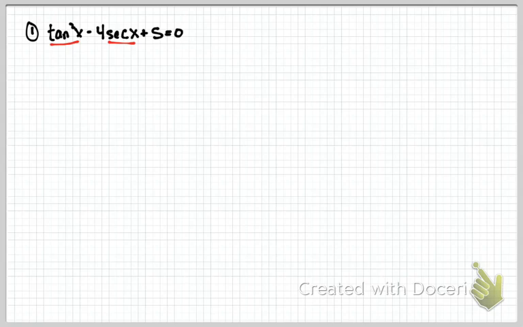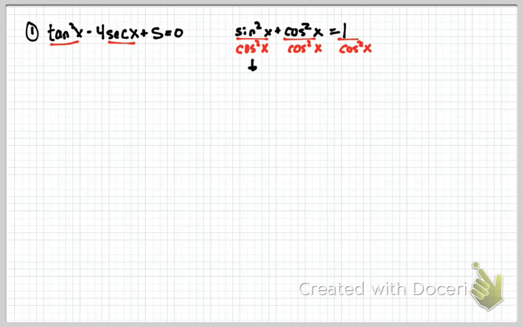If we think about our Pythagorean identity, we have sine squared of x plus cosine squared of x equals 1. If we divide everything by cosine squared x, we'll derive a new identity that has tangent squared of x in it.